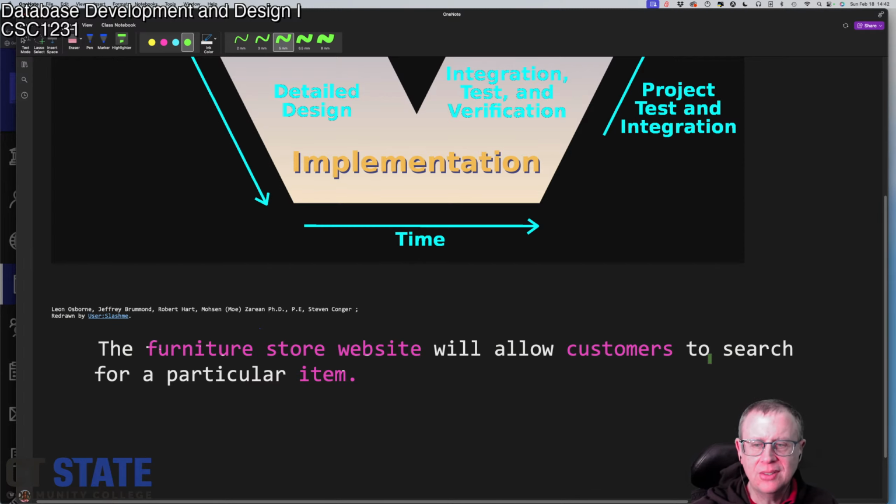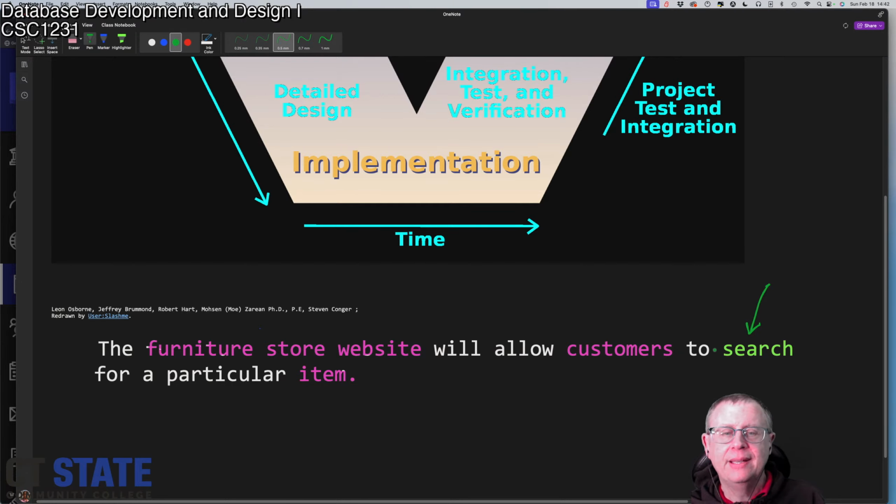And this particular sentence has the verb search, and that verb, to search, is going to allow us to possibly think about a form or a report in our database.